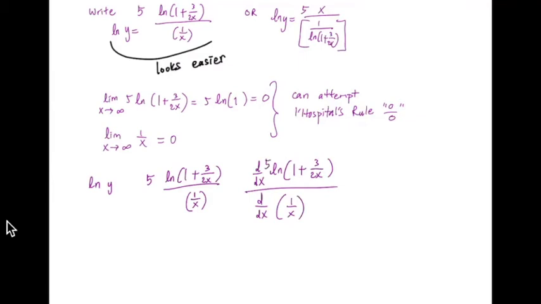So the top function, the derivative is 5 times 1 over 1 plus 3 over 2x. And then I have to multiply with the derivative of 1 plus 3 over 2x, which is 3 over 2 times negative 1 over x squared. And then the derivative of the bottom function, 1 over x, is negative 1 over x squared.